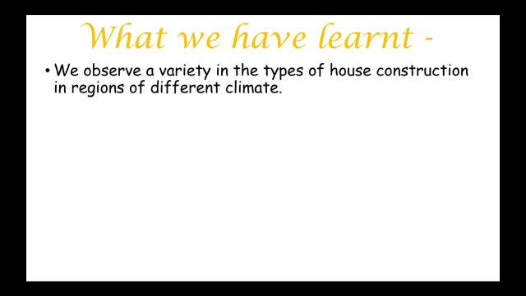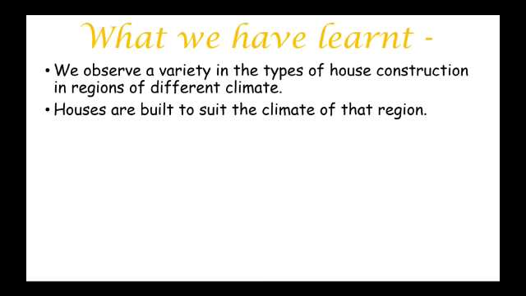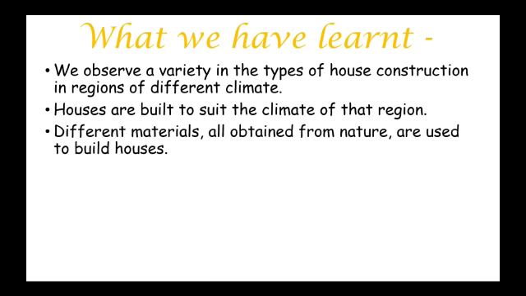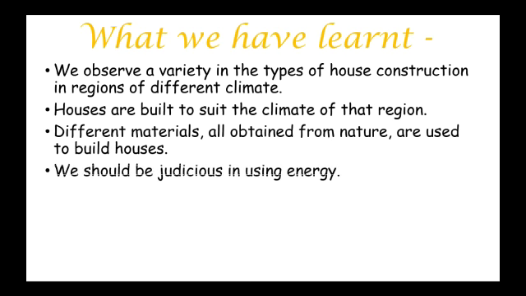Now let us see what we have learnt in this chapter. We observe a variety in the type of house construction in regions of different climate. Houses are built to suit the climate of that region. Different materials, all obtained from nature, are used to build houses.